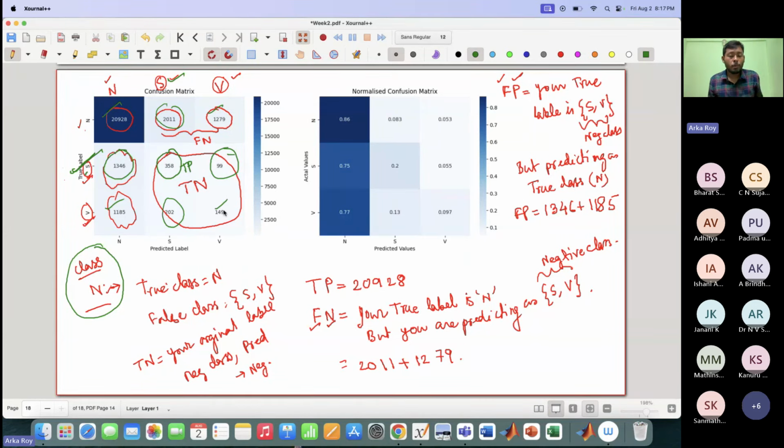So this might sound confusing, but you can do it class-wise, and then you can get all the accuracy measures like accuracy, sensitivity, specificity, etc.